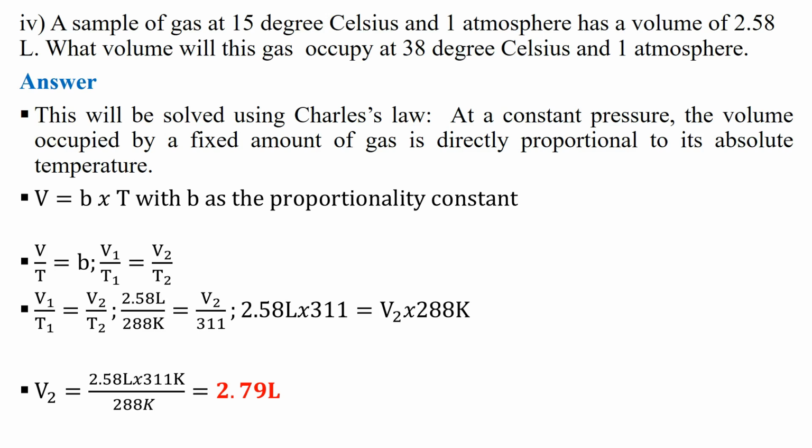They have changed the temperature from 15 to 38 degrees Celsius, so we also need to change it to Kelvin by adding 273 K. Then we will get 311 Kelvin. After replacing the values, we calculate V2 and we get 2.79 liters.